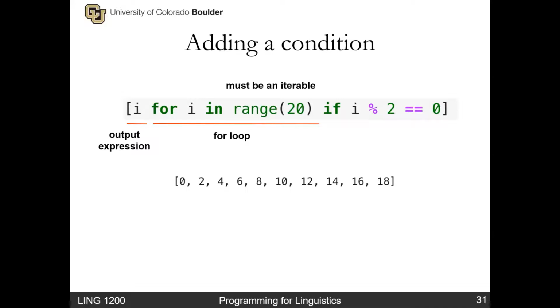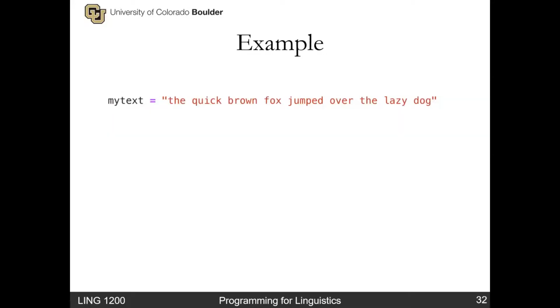And then it's going over something that must be an iterable. So a range of numbers produced by the range, or a list, or set or dictionary, which is generally always true for a for loop. That hasn't changed. And then after that, we have our if statement. So after the for loop, there's the condition that's going to tell us what's going to be coming out in our output expression and put into our list.